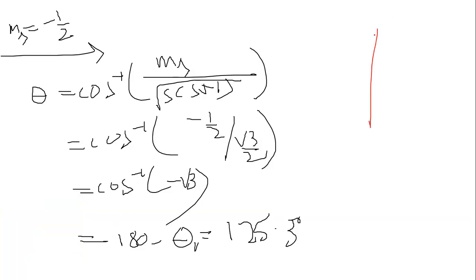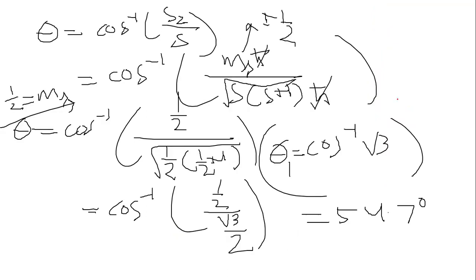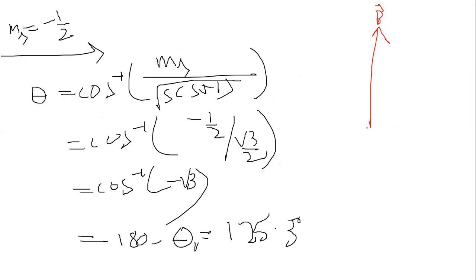If this is the magnetic field which is applied along the z direction, then for theta 1 it is 54.7, which will be the angle corresponding to m_s equal to half.